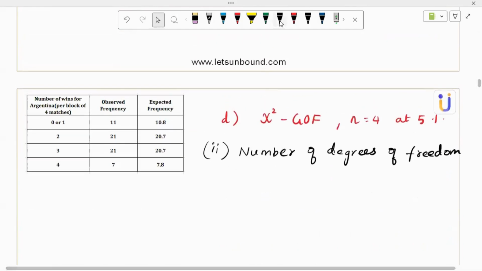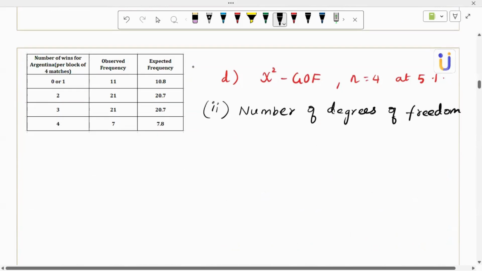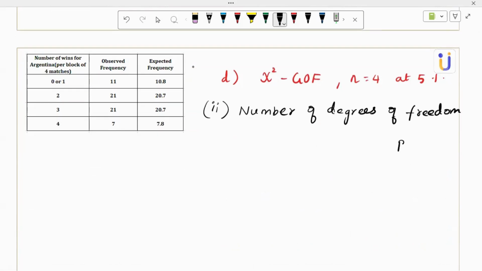So number of degrees of freedom depends upon the categories we have and the number of estimated parameters. So we are using binomial, right? The estimated parameter is just my p-value. So let me write the formula. Number of degrees of freedom equals number of categories minus 1 minus number of estimated parameters.